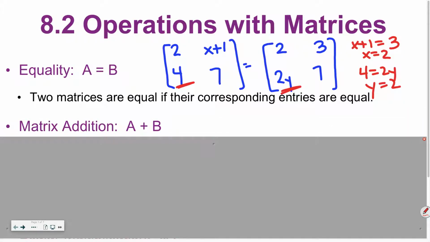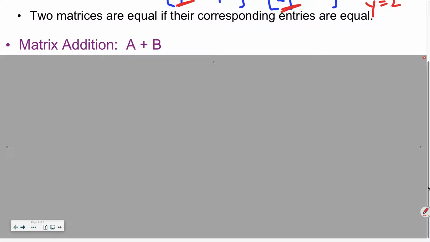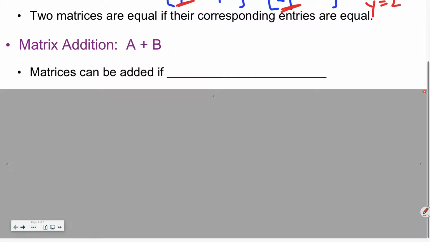All right, matrix addition. I know you did this in algebra 2. Okay. On your sheet, matrices can be added if. What is that if? What has to be true about A and B? Very good.